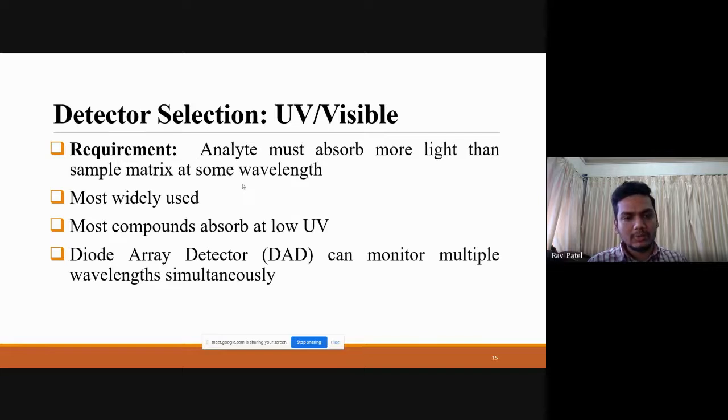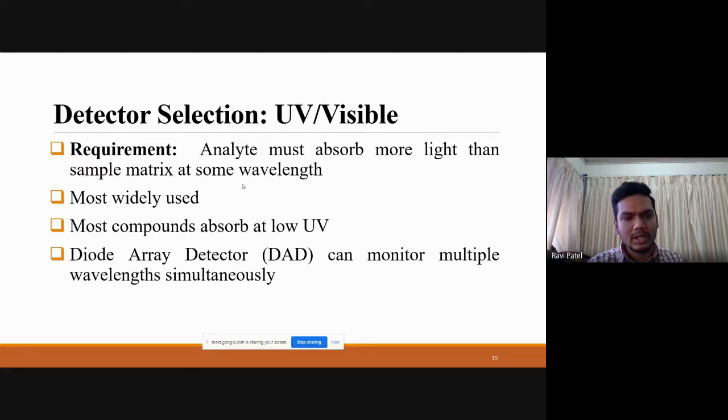And if we have a PDA detector, then we can monitor multiple wavelengths, not a single wavelength. When we are dealing with forced degradation studies, we generally prefer the PDA detector because we don't know what impurities are going to be generated during the forced degradation, or at which lambda max they are going to give the maximum response.